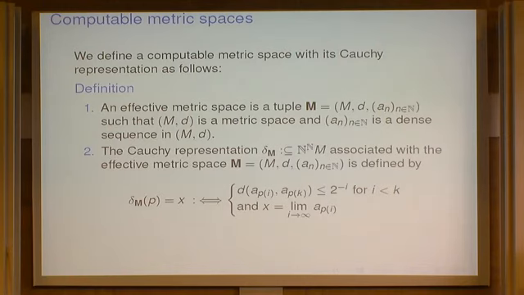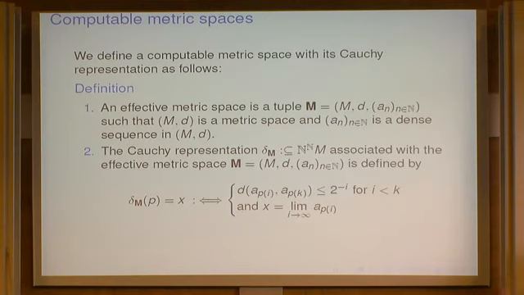And then we can define a representation of this: a partial function from Baire space to M, which essentially maps a sequence coding a Cauchy sequence, which is converging reasonably fast, to the point it is converging to.